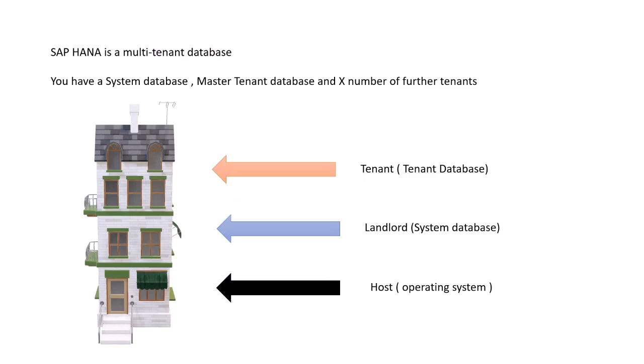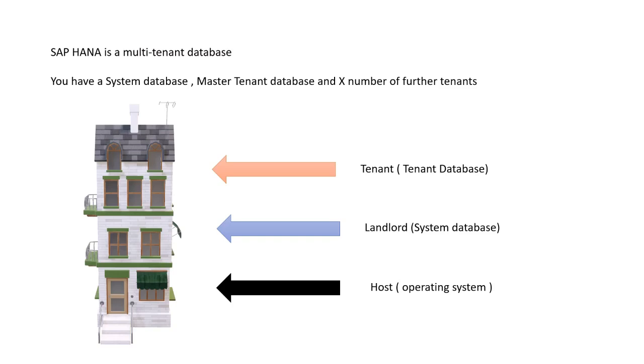So SAP HANA 2.0, as we know, is a multi-tenant database. By multi-tenant database, it means that in a single host or in a single instance, you can create more than one database. That's what we call a multi-tenant database. So here we have one system database.